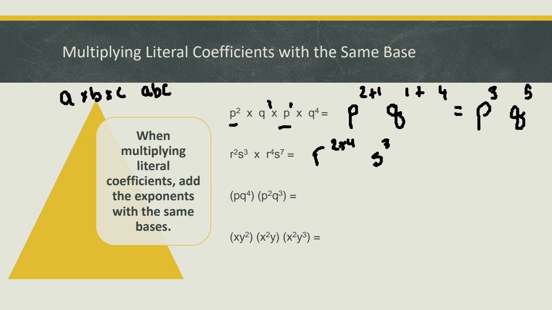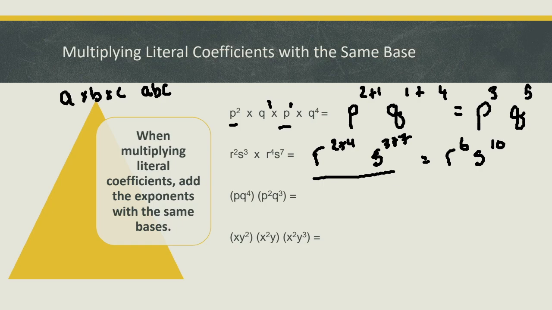So I get r to the power of 6 and s to the power of 10. I hope it's bigger for you on the recording than it is for me, because the letters are really small. But anyway, again, you don't need to write this step. It's just here. In the next ones, I'm actually going to skip that step, and we're just going to look at the exponents.